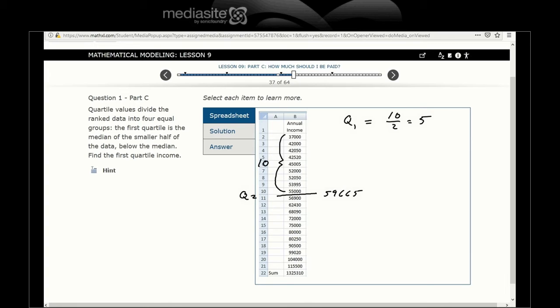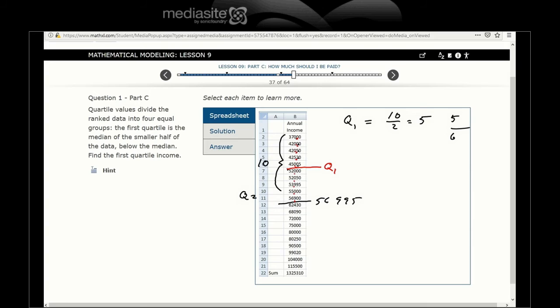So it should be between the 5th and 6th number. So again, 1, 2, 3, 4, 5, 6, 7, 8, 9, 10. 1, 2, 3, 4, 5, 6.